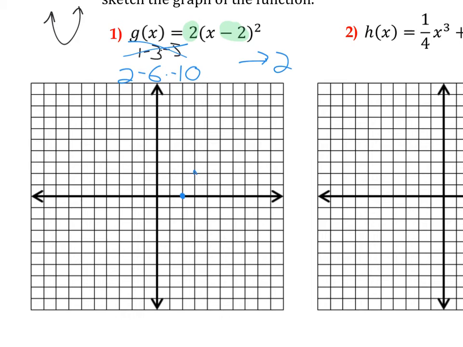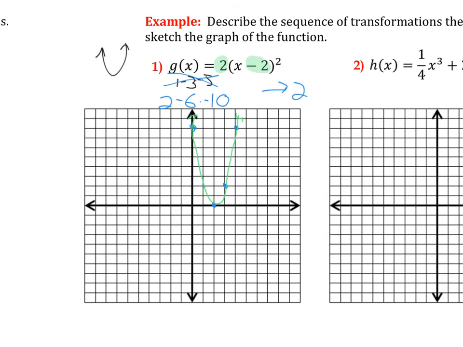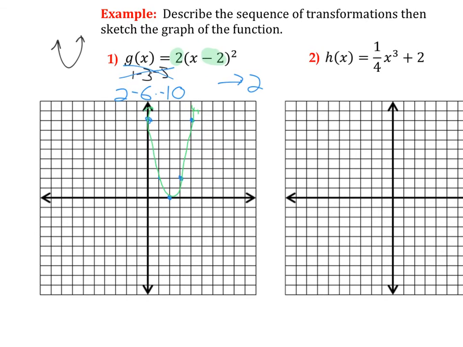So up 2 over 1, and then from that point, up 6 over 1. I can use the fact that this is symmetric to get some points on the left-hand side. And now to the best of my ability, we're going to get a parabola going. There we go. That is our graph in all of its splendor.